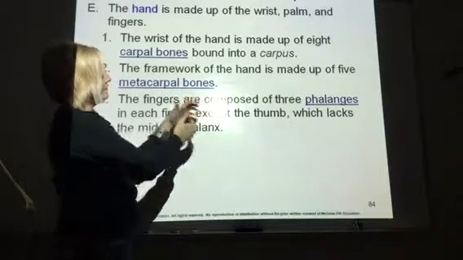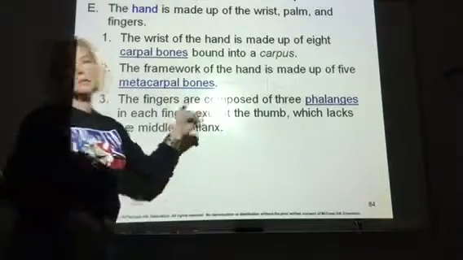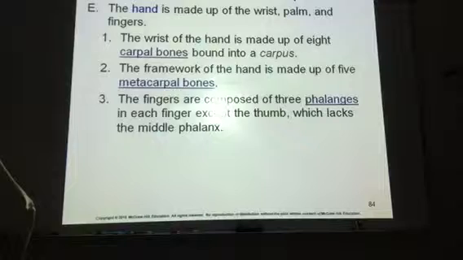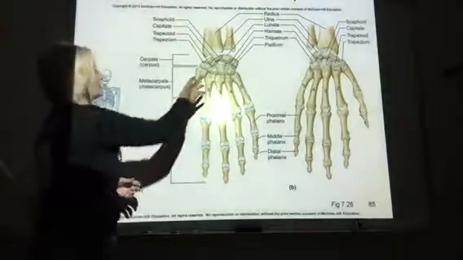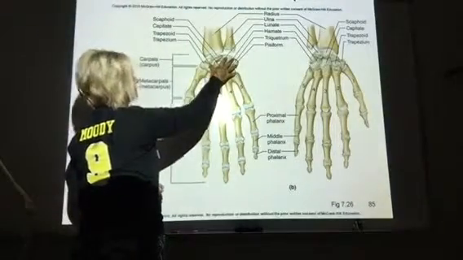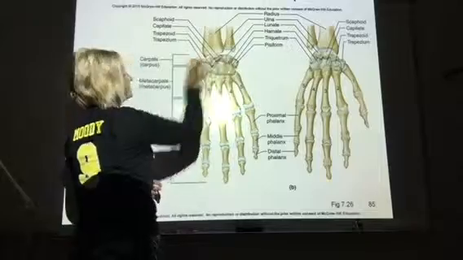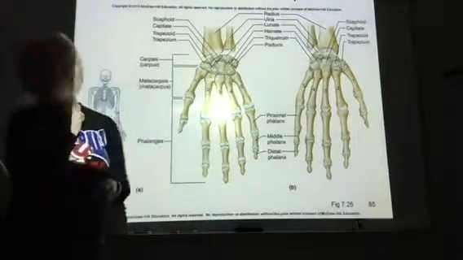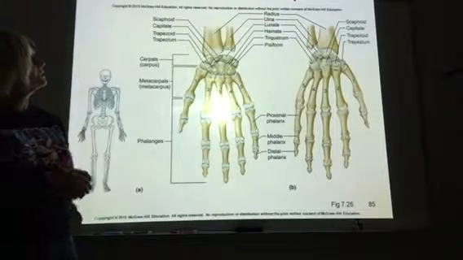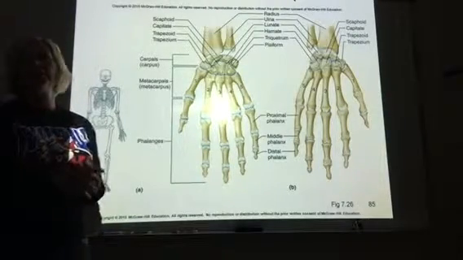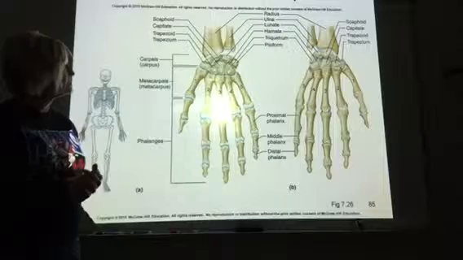So all of your fingers have 3 parts other than your thumb. So if I look at those, here's your individual carpal bones. And like I said, I don't have you memorize those. College anatomy class, most definitely you'll probably be required to memorize those.